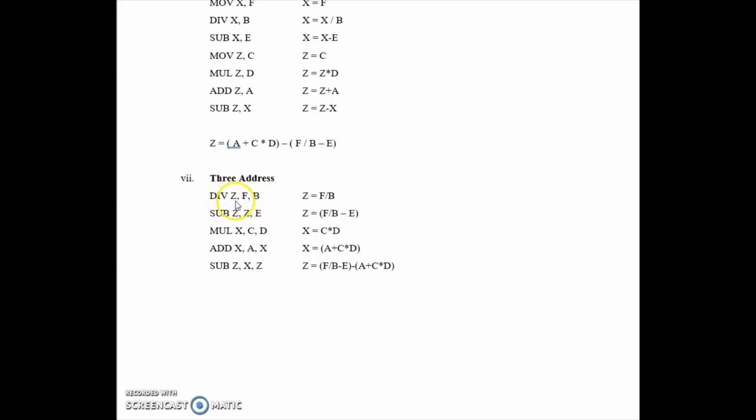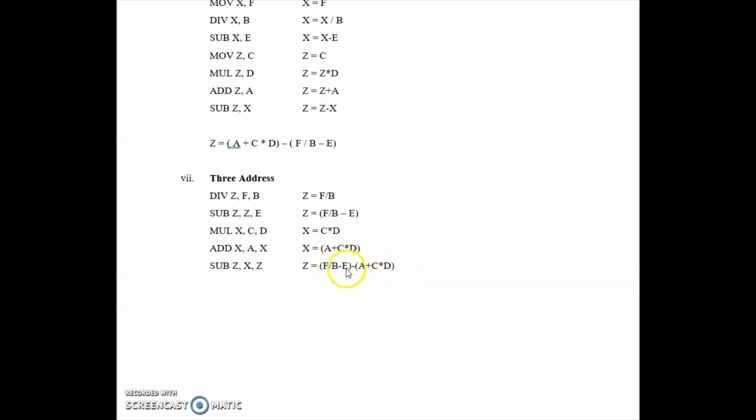Like divide Z F B, equal to Z equals F divide B. Then subtract C Z E. Z equals F divide B, then subtract E. Multiplication X C D, like X equals C multiplication D. Addition X A X. X equals A plus C and multiply D. And lastly, subtraction Z X Z. Z equals F divide B, subtract E, then subtract again A plus C, then multiply D.